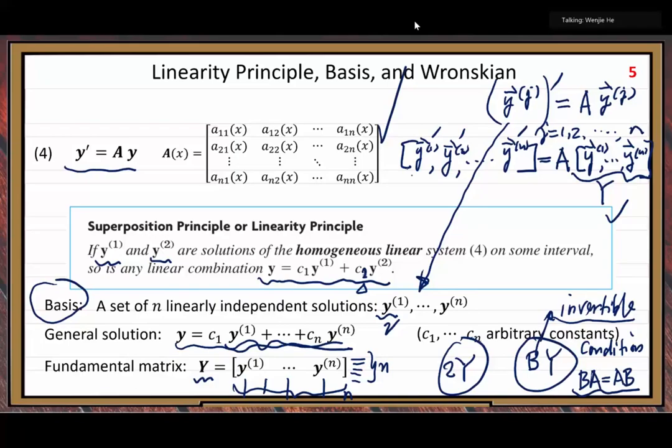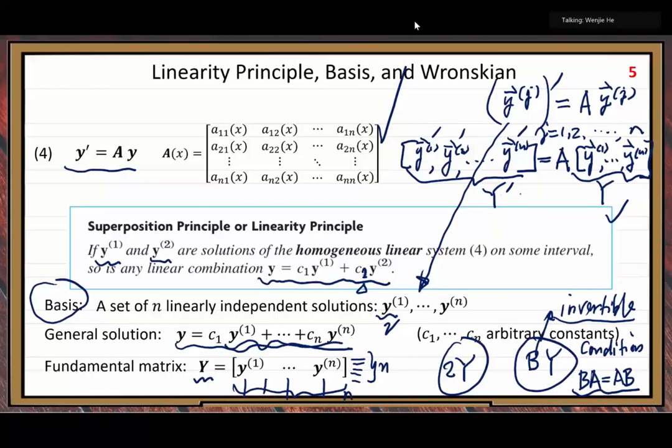And the left-hand side, is it the derivative of capital Y? How do you take the derivative? Column-wise, or row-wise, it doesn't matter, because each entry you take the derivative.